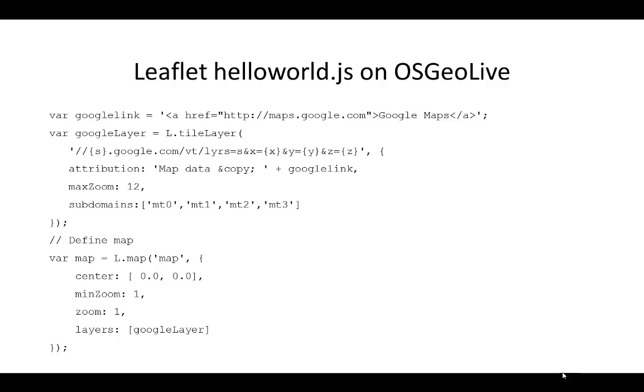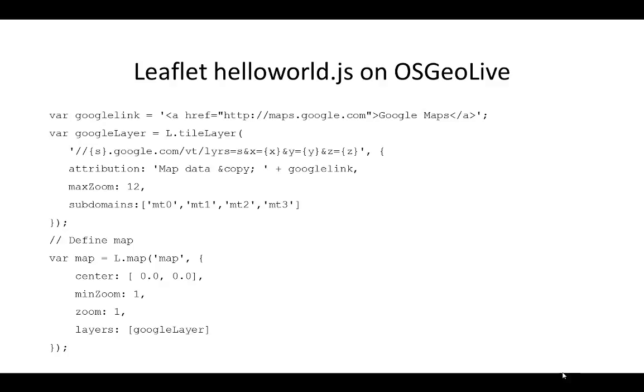So that creates a variable which kind of points to the Google satellite tile layer. Then we have a final line of code, define map, and this is what creates the map in the division. So we create a map.